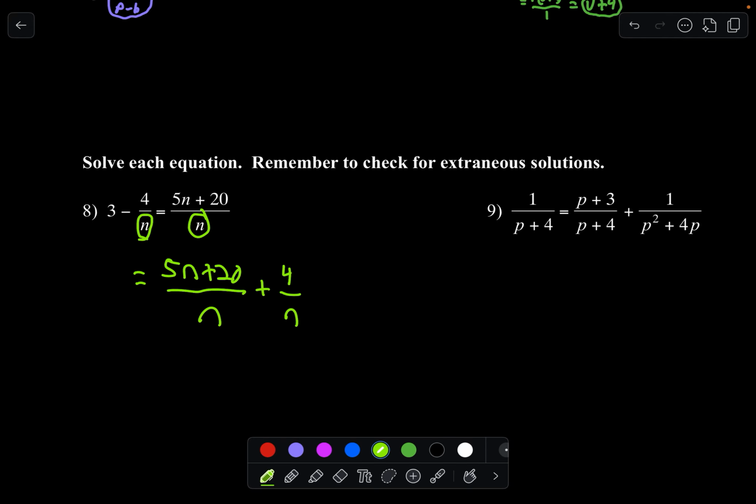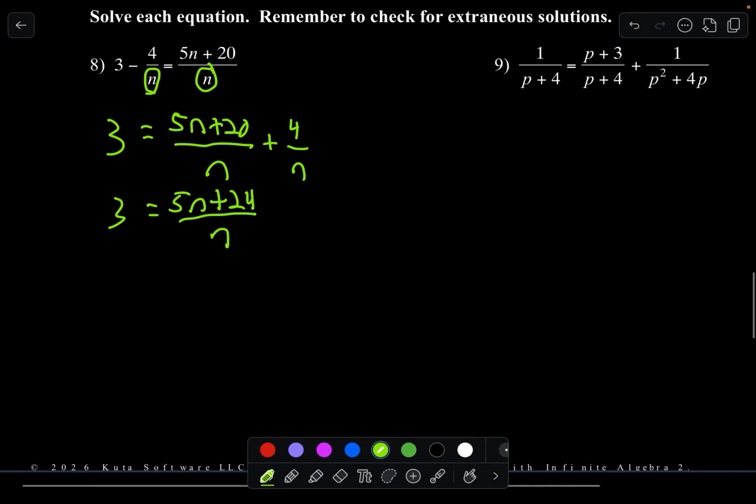Since the denominators are the same, we just combine the tops, just like any other fraction, so 20 plus 4 is 24. So we end up with 5n plus 24 over n with a 3 here.